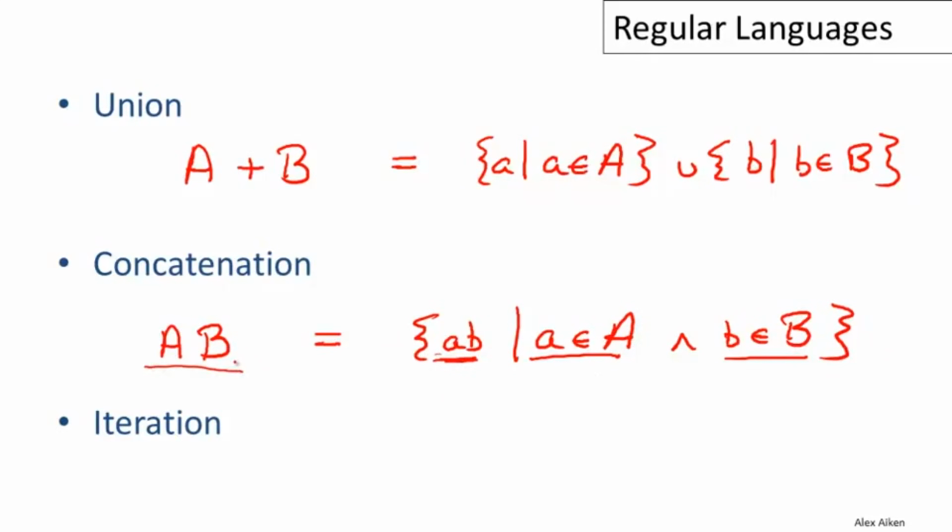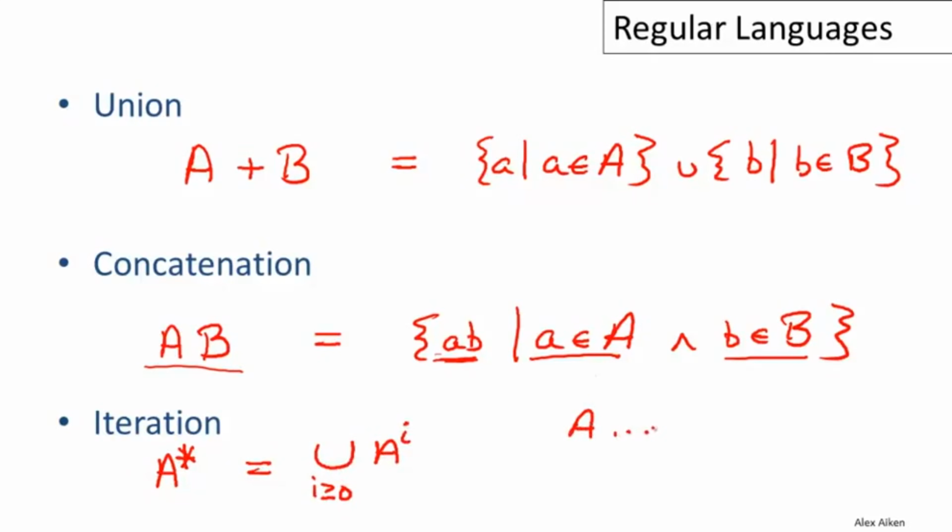And finally, there's a kind of looping construct. This is pronounced A star, or it's called the Kleene iteration, or the Kleene closure. A star is equal to the union for i greater than or equal to 0 of A to the ith power. And what does that mean?